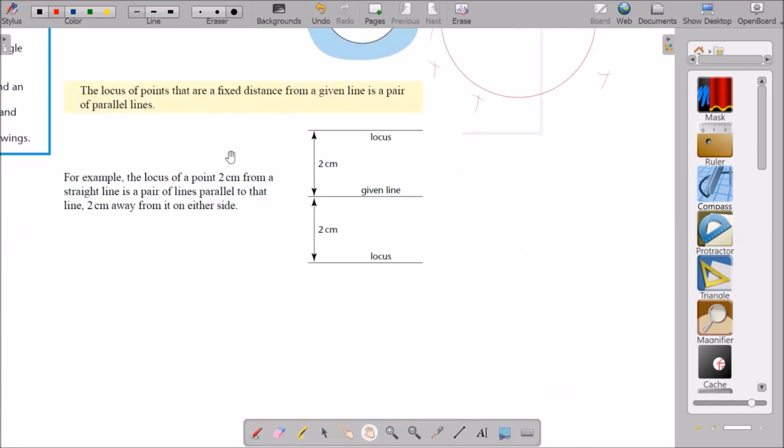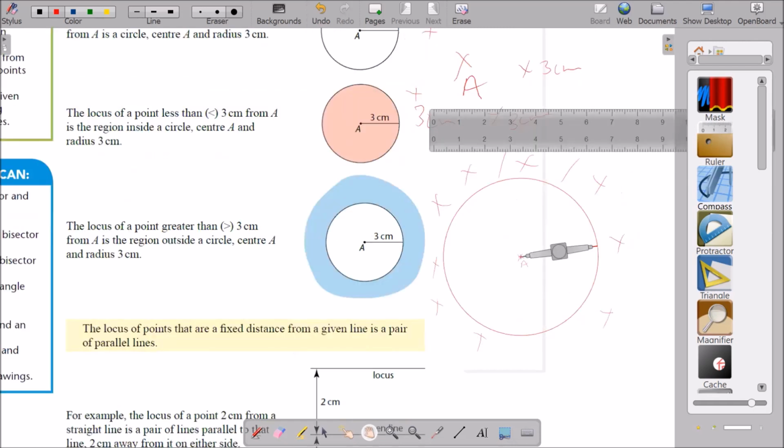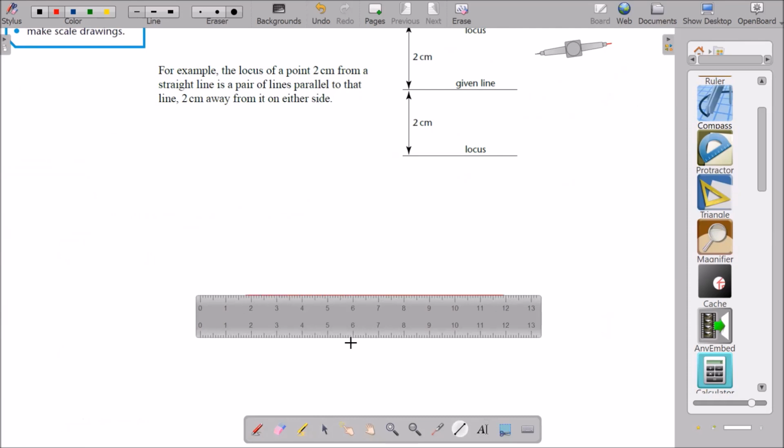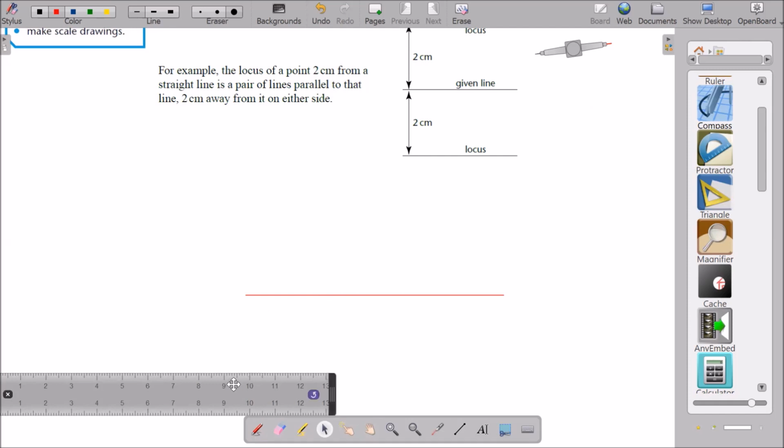Now, we've done a point. Let's look at a line. The locus of points that are a fixed distance from a given line is a pair of parallel lines. So we want points that are equidistant from our line. If we have a line and we want a set of points that are 2 centimeters from this line, how do we do it?